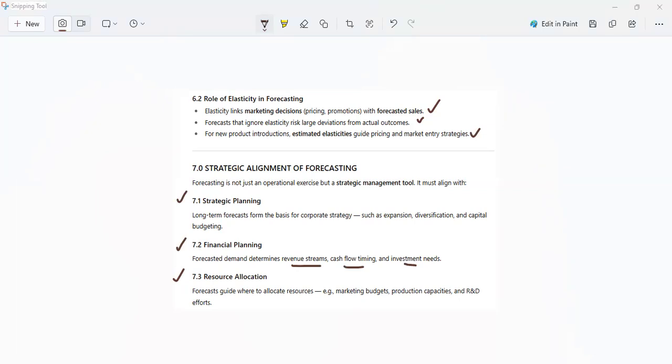There are many other roles that elasticity will help with. It will help also in sales and operations planning and risk management. How does it help in those avenues?